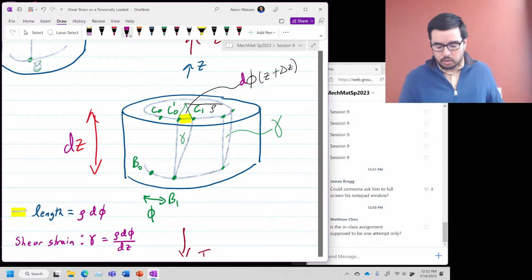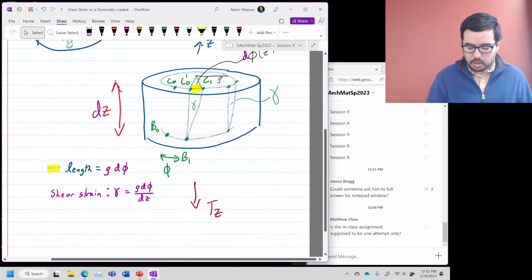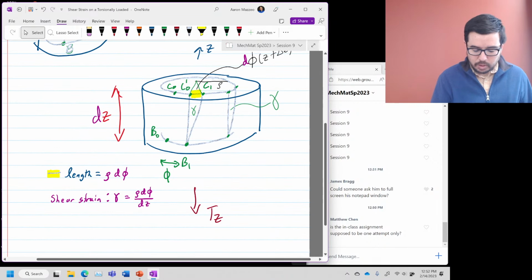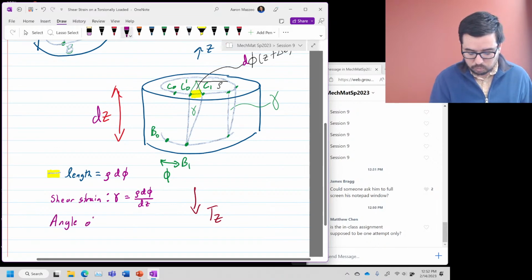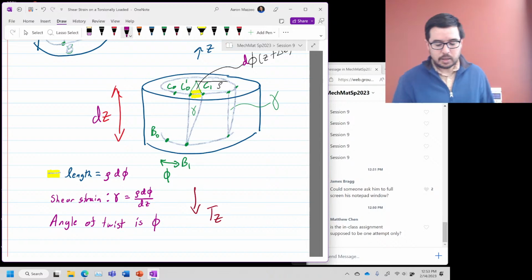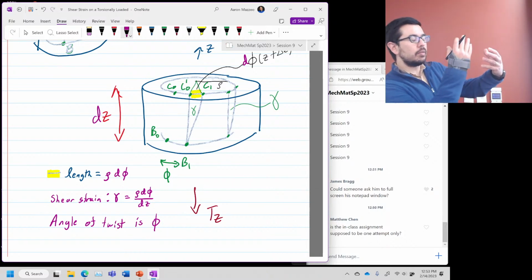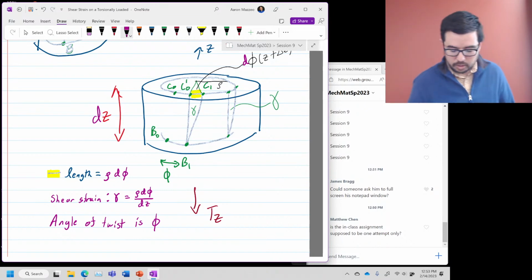Okay, so we should maybe distinguish these two from each other, right? So angle of twist is phi, and that's something that we take if we're looking at the shaft as it's coming out, right, and we look at an angle on the shaft.